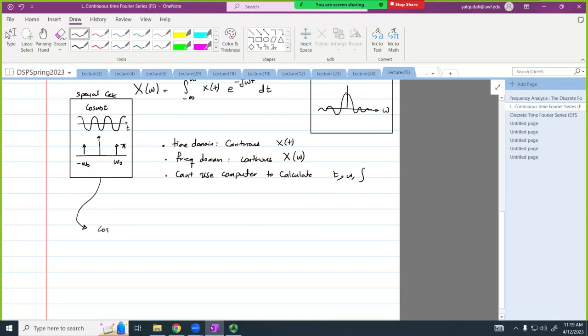If I have cosine omega 0 t, this is equal to 1 over 2 times e to the j omega 0 t plus e to the negative j omega 0 t.